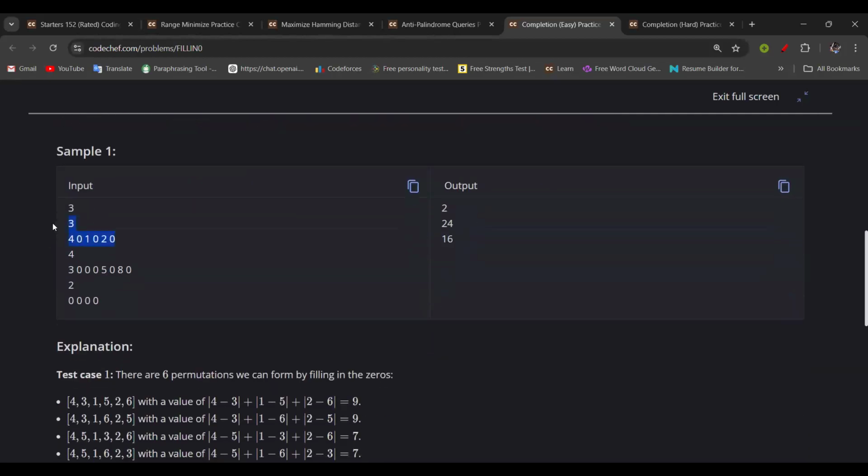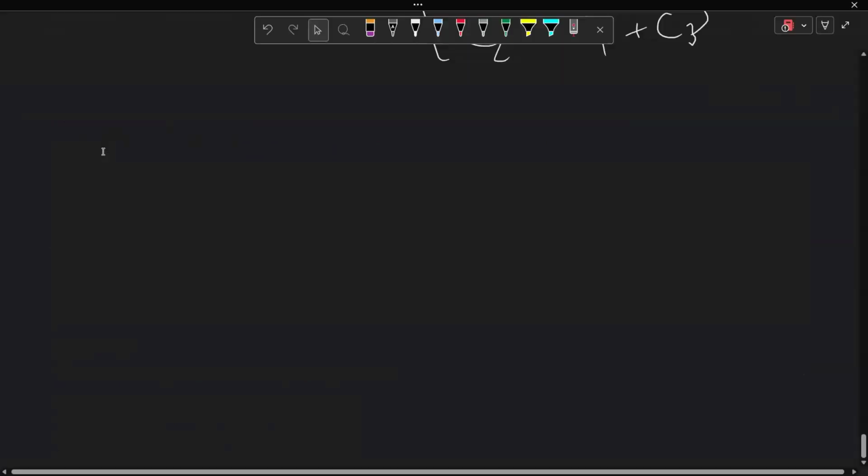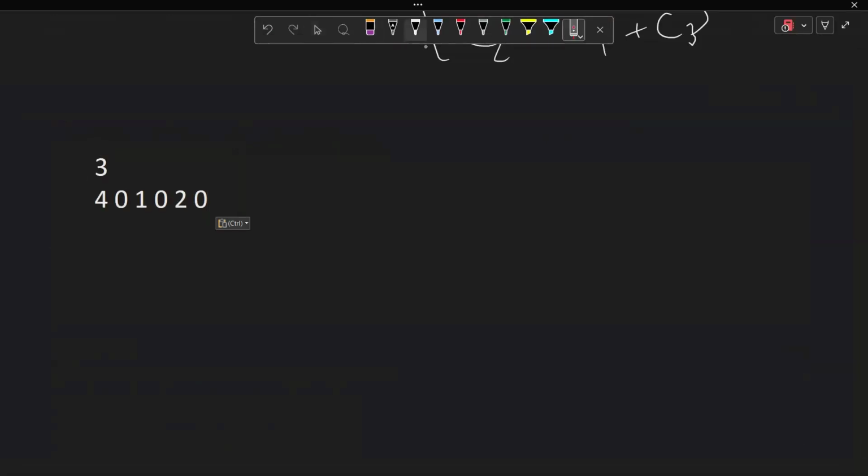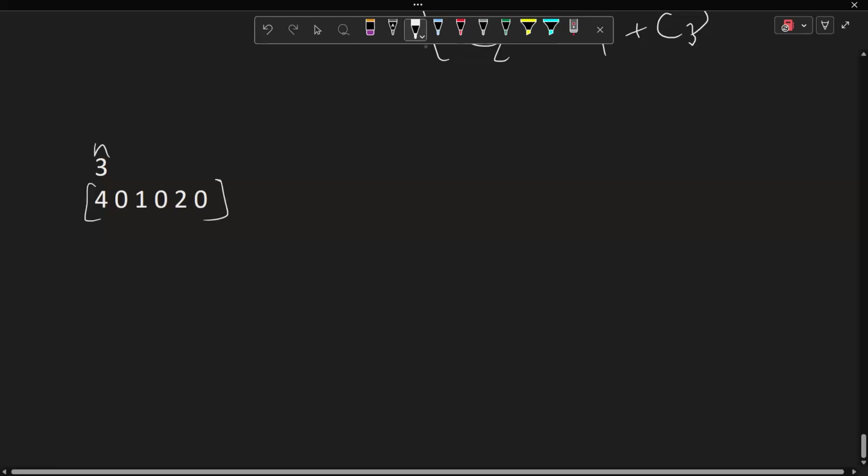So let's look at the first test case to understand more clearly. Okay, here we are given n equal to 3. It means we are given a permutation of size 2 into 3, which is 6. Okay, a 6 size permutation is given to us. Let's look at this permutation.